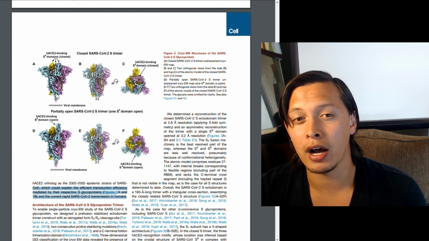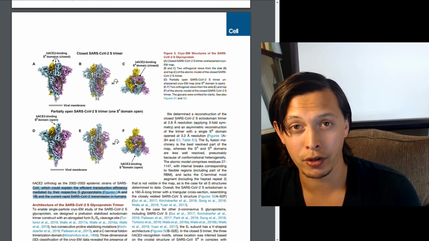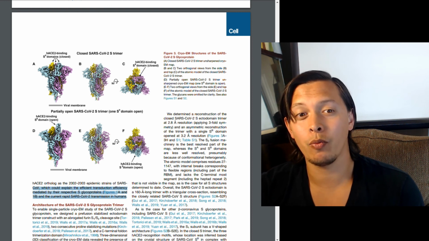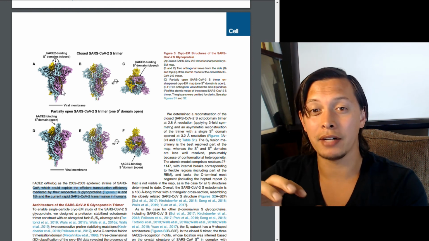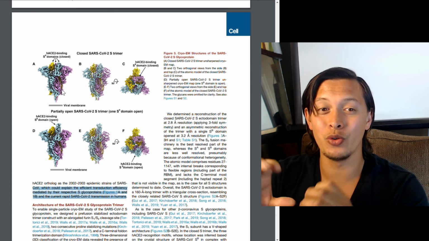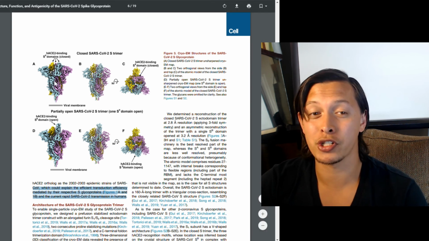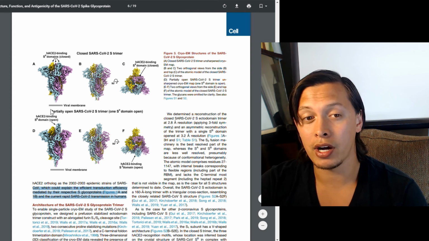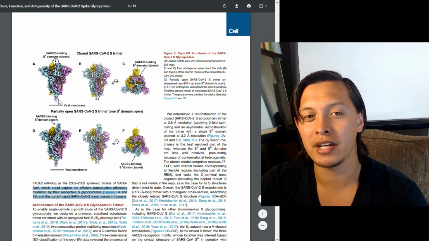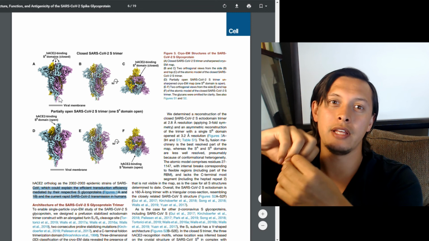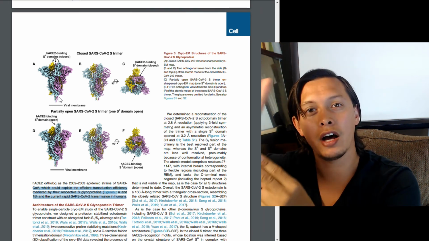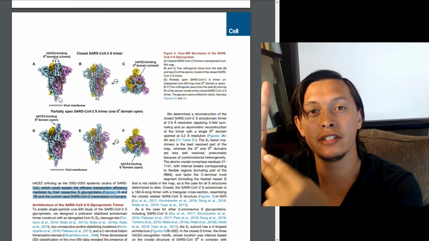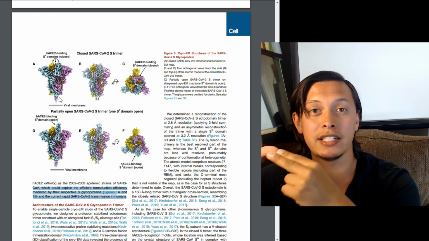They got rid of the furin cleavage site, because with the furin cleavage site, you basically remove a big portion of these spikes. So they wanted to leave that in. And then they also put in a trimerization peptide. So they put in a part on the protein that is guaranteed to form trimers and stick together.